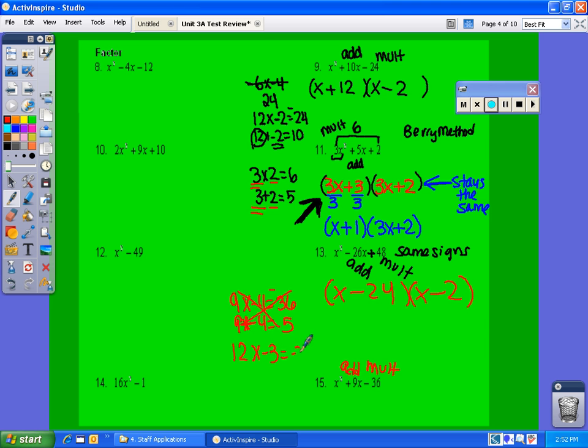So 12 times negative 3 is negative 36. 12 plus negative 3 is 9. So these are my factors, 12 and negative 3. So first you always start with an x and x, then take your positive 12 and negative 3 and put them inside. Alright, so that takes care of your factoring part of this review.